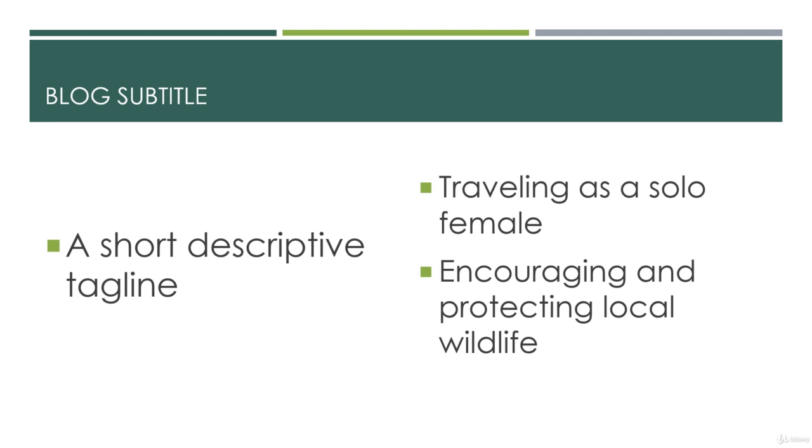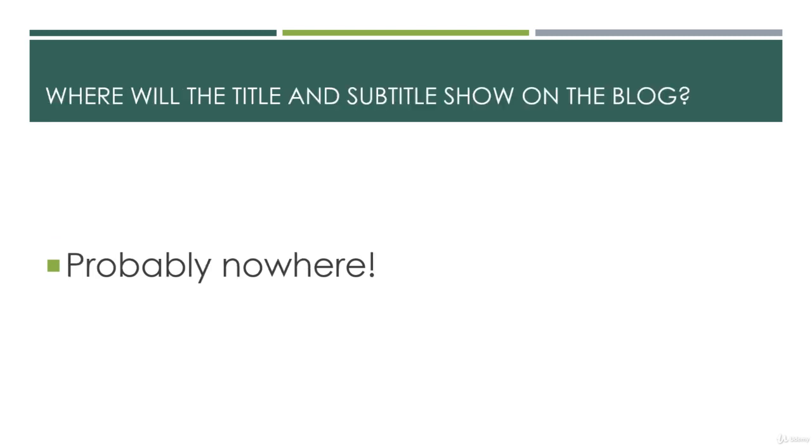Now, where will this title and subtitle show up on your blog? Well, probably nowhere as far as your visitors are concerned, because of the way that WordPress themes are constructed. We're going to be using a theme and setting one up shortly. The way it's all set out, normally the title and subtitle won't be showing because instead we'll be using a logo.